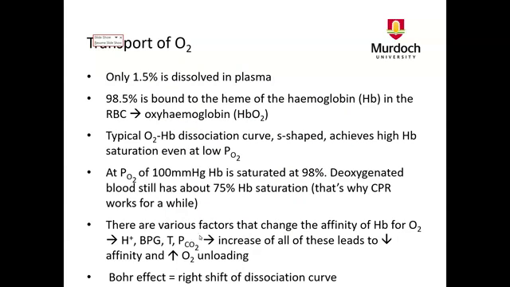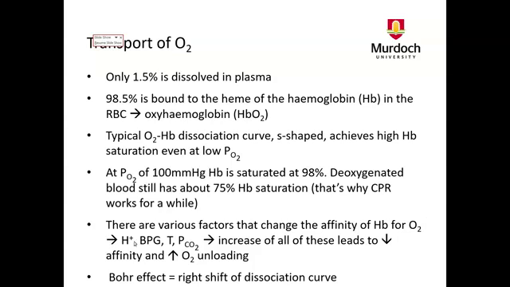Now there are various factors that change how easily the hemoglobin picks up oxygen. That's called the affinity. High affinity means hemoglobin picks up a lot of oxygen. Low affinity means hemoglobin wants to drop or get rid of oxygen.